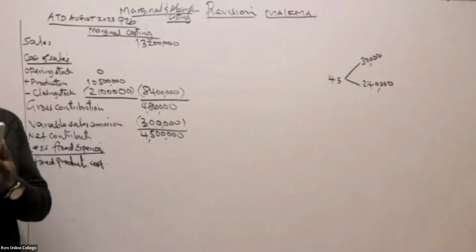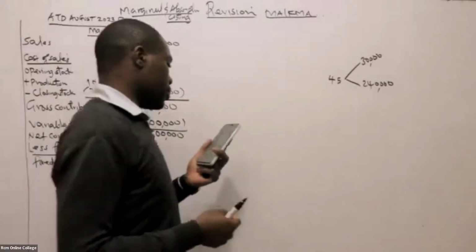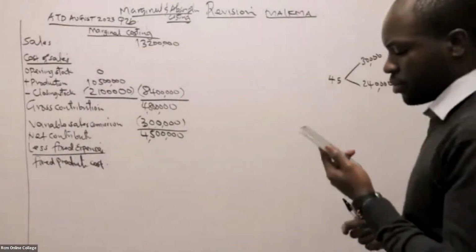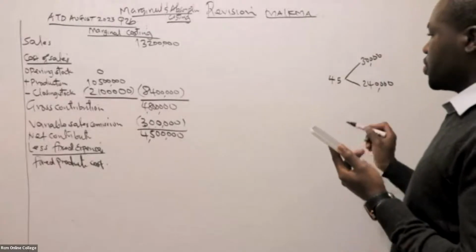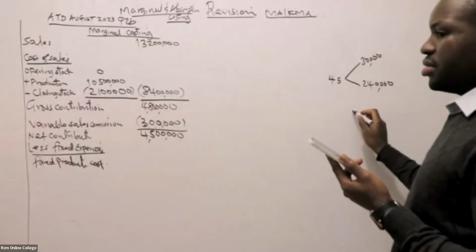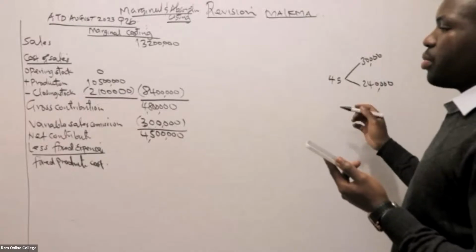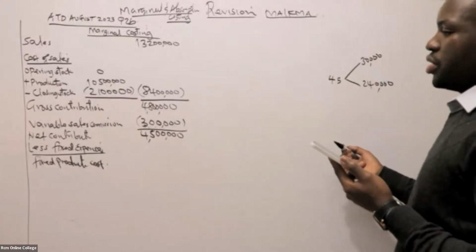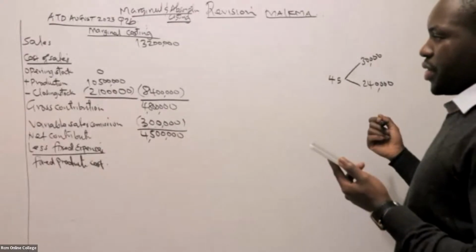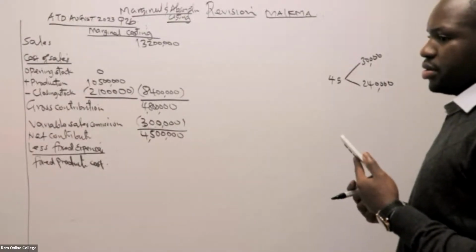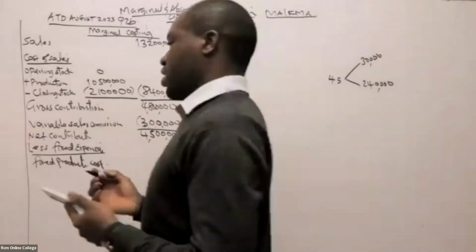So what is the fixed production cost? It was 90 shillings per unit multiplied by the units that were produced. So 90 by 30,000 will give us 2,700,000.